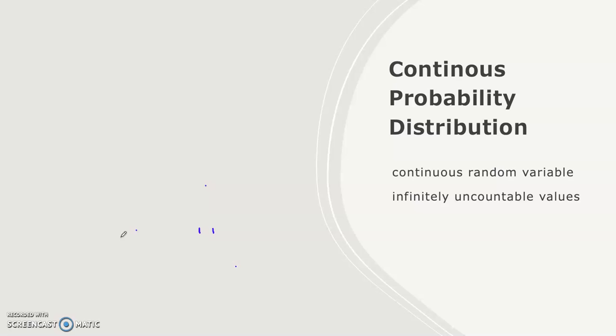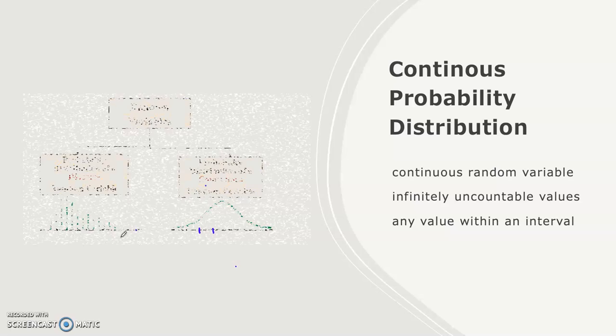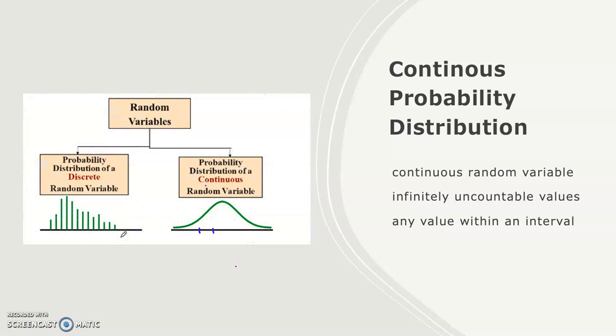So if you draw a number line, a continuous variable may take values between discrete values. As a result, when we compare the two, a discrete probability distribution will look like a bar chart, and a continuous probability distribution will have a smooth continuous curve.